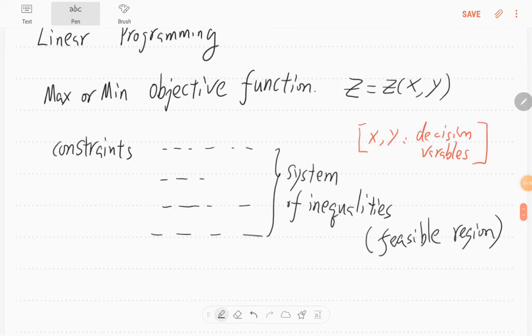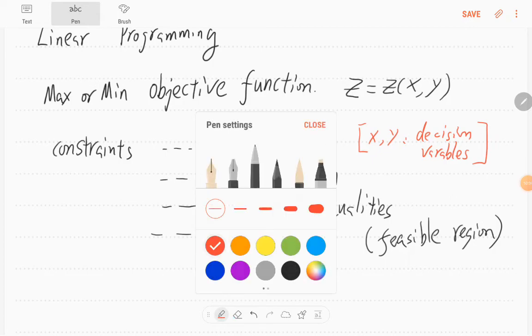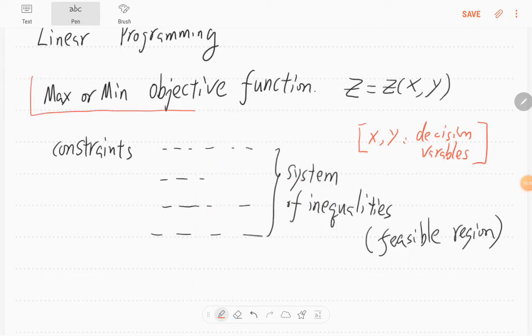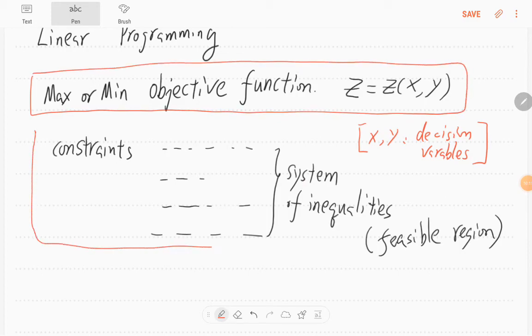So these are the two parts of a linear programming problem. Every problem always consists of these two parts.